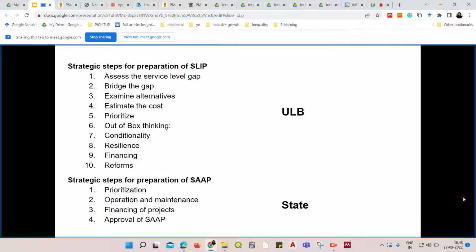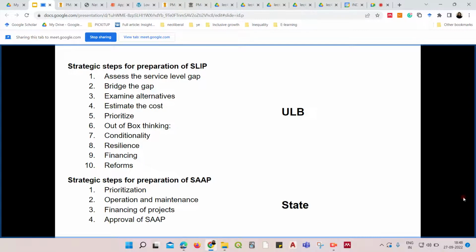Then comes conditionality. For bridging the gap, do you have the prerequisites available with you? Like, to develop a project, do you have land available? Do you have resources available? If not, can they be accessed with the funding which you are asking for? Such things are seen. Then comes resilience.